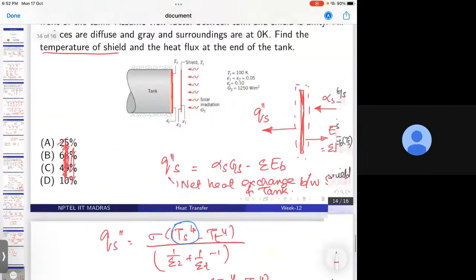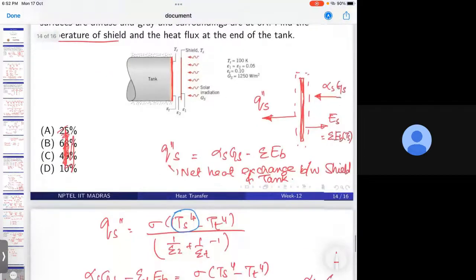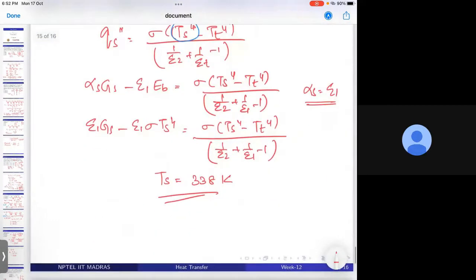So for the first question we got the temperature of the shield, and for the net heat flux we substitute this value in this equation.